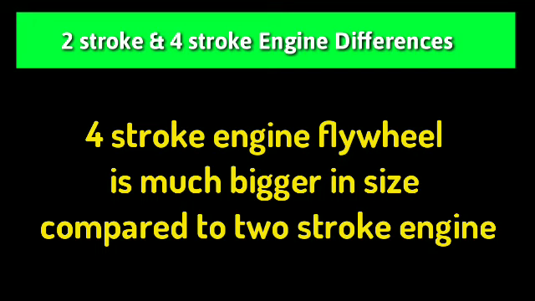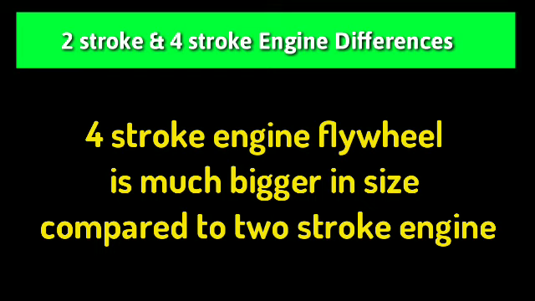So you require less rotational energy to be stored to maintain the RPM, whereas in a four-stroke engine the firing is in every alternate cycle, in every alternate rotation. So you require more rotational energy to be stored to maintain the RPM throughout the full cycle. That is why the size of the four-stroke engine flywheel is very big, whereas the flywheel for the two-stroke engine is much smaller compared to the four-stroke engine.